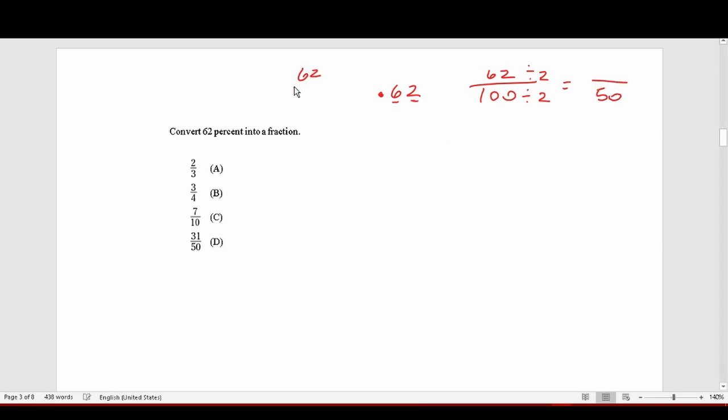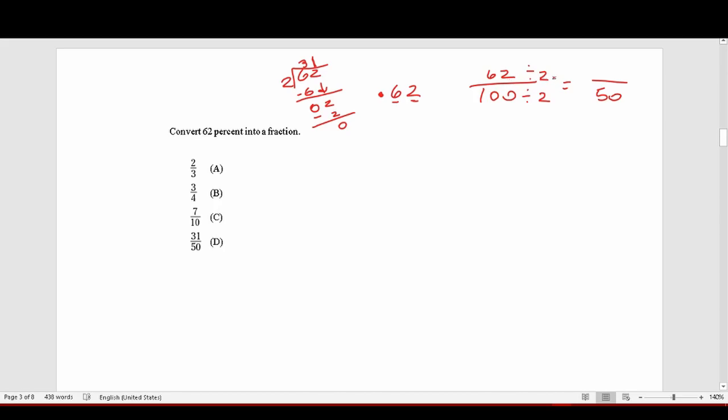62 divided by 2. 2 goes into 6 3 times. 2 times 3 is 6. Subtract. 6 minus 6 is 0. Drop down this 2. 2 goes into 2 one time. 1 times 2 is 2. Subtract, no remainder.